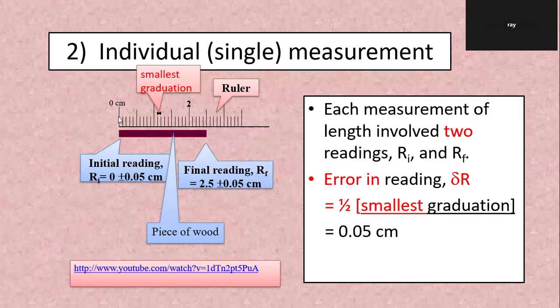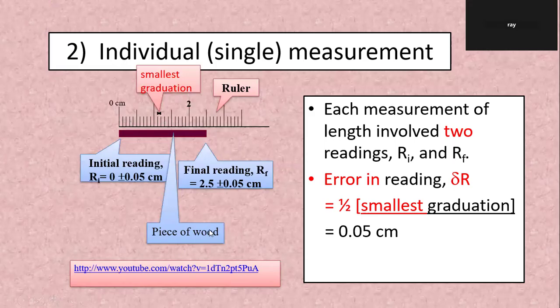The graduation between two small lines, the distance between the two lines, called the smallest graduation, which is 0.1 cm.